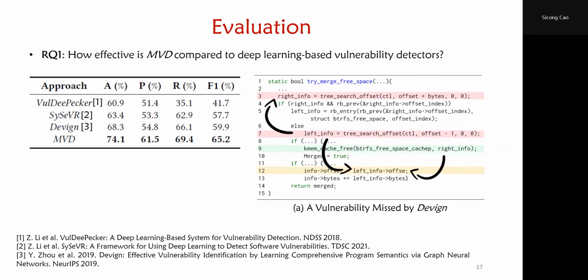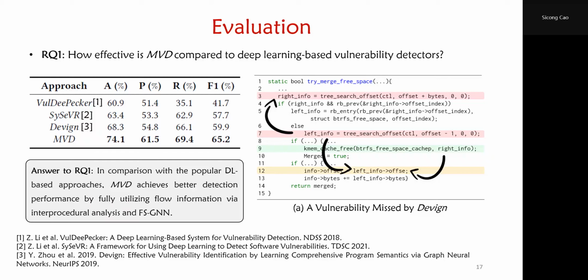On the other hand, since the baseline processes multiple flow information by passing information in each individual graph and then integrates them across graphs, left info and right info are treated as different data flows, which makes complex semantic relations difficult to preserve. Thus, in comparison with the popular deep learning models, MVD achieves better detection performance by fully utilizing flow information based on interprocedural analysis and FSGN.